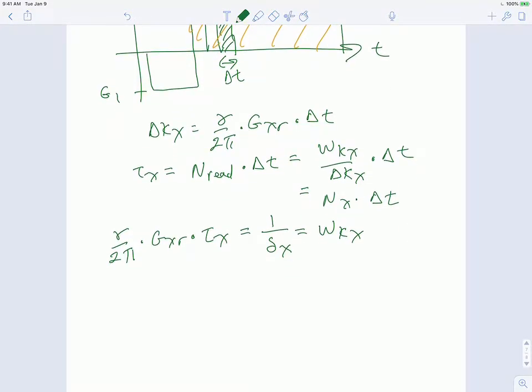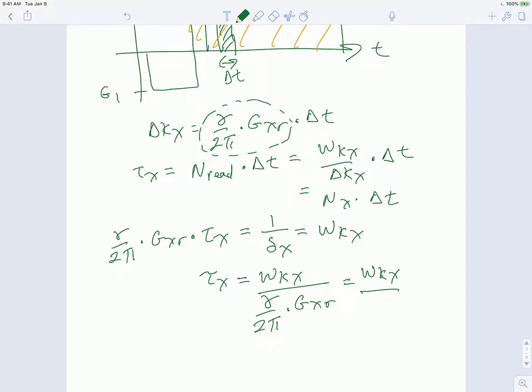So then solving for this, tau sub x equals wkx over gamma over 2 pi Gxr. And from here, we know that gamma over 2 pi Gxr is just delta kx over delta t. So this is going to be delta x over delta t, so the delta t goes here, and that's exactly the same thing we got there.